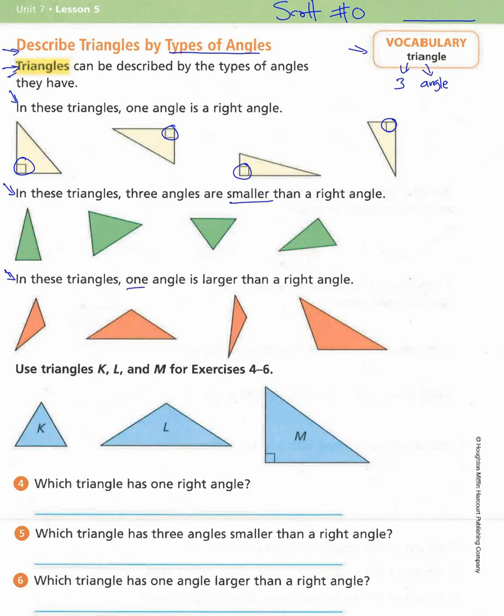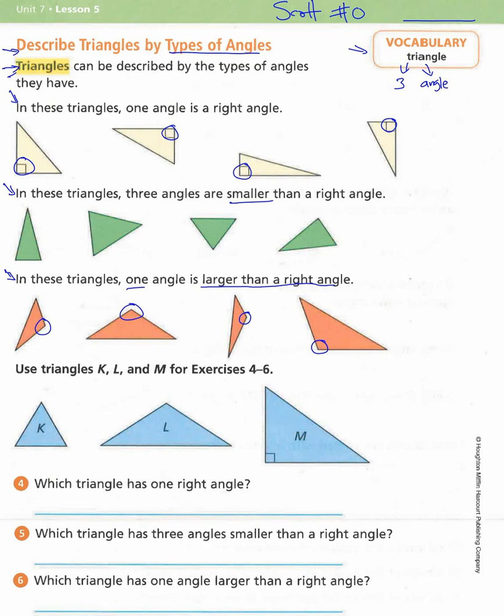You can only have one angle that is larger than a right angle. So again, we're comparing it to a triangle with a right angle. You can see this one here in this corner, that is more open. It is larger. Here's another one right there. You can see those angles are more open than the right angle.